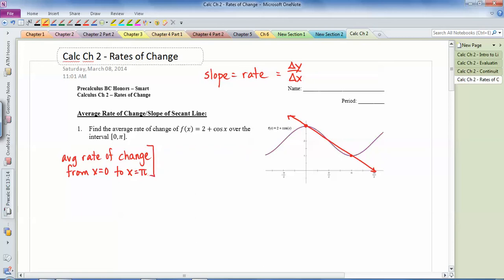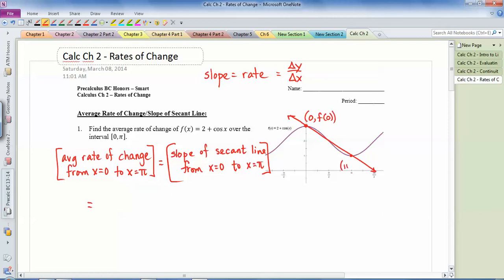So this thing right here equals the slope of the secant line from x equals 0 to x equals pi. And that slope is going to be, well, let's look at our points here. This point here is 0, f of 0. This point is pi, f of pi.